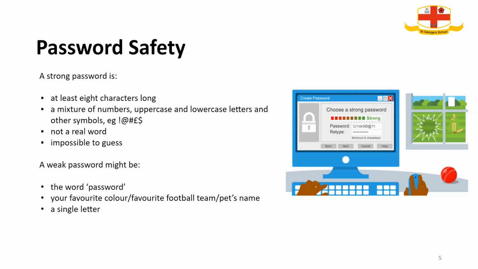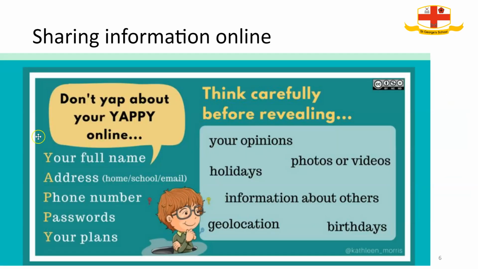Okay, so next is don't yap about yourself online. We said that. So your full name, your address, your phone number, your passwords, and your plans. So we were talking about location, which we're going to be talking about in the next few slides.